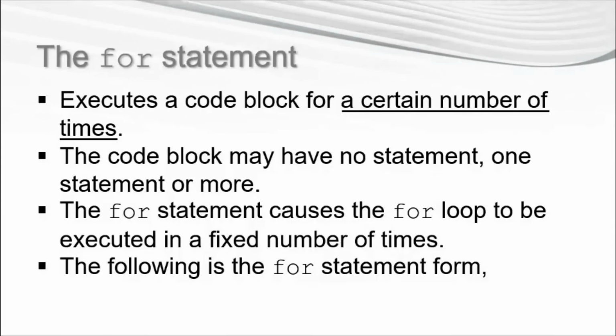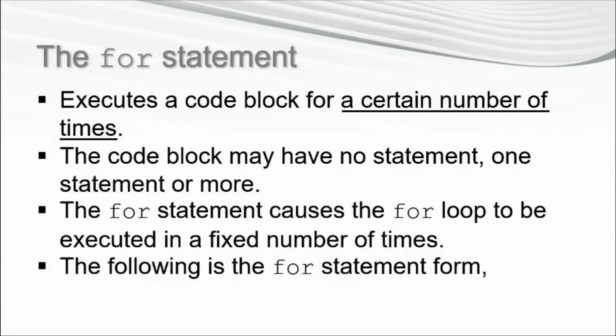We have to repeat a specific block of code for a certain number of times, so we loop those statements repeatedly until a specific condition comes up for terminating the loop. That is how the for loop acts.